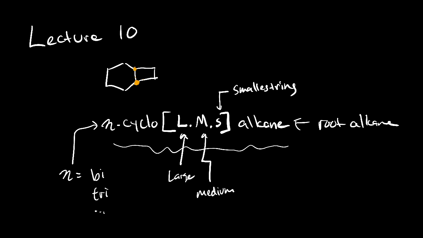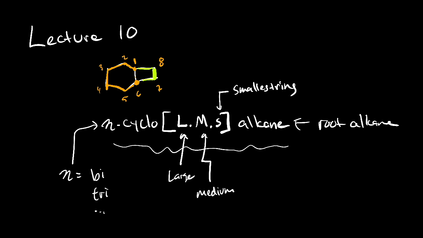You can pick either one, and you start moving in the direction of the larger ring. So if we go this way, we get 2, 3, 4, 5, 6, 7, 8. I moved this way first because over here there are 4 carbons, and then I move over to this side of the ring, which has 2 carbons on that side.